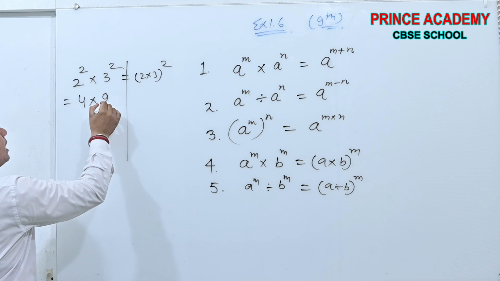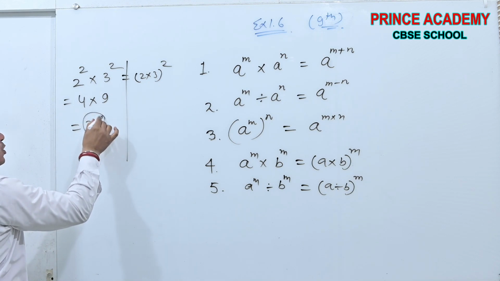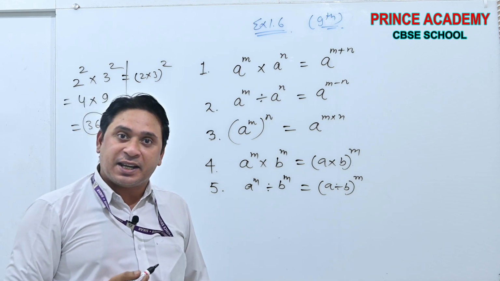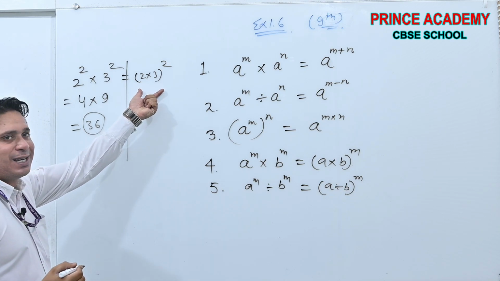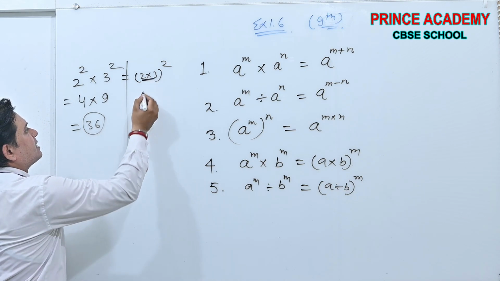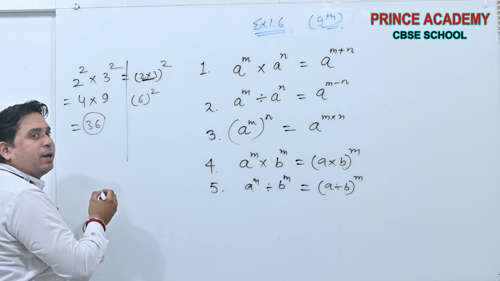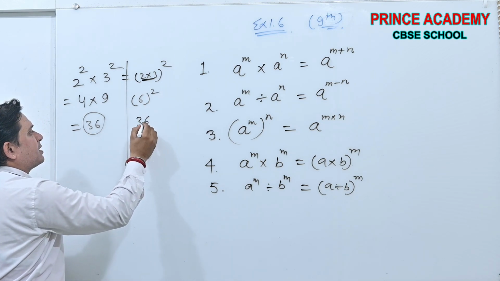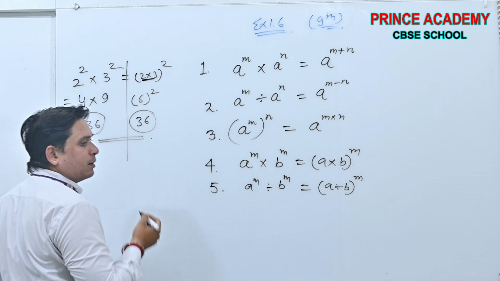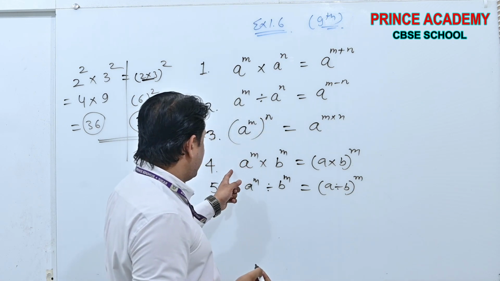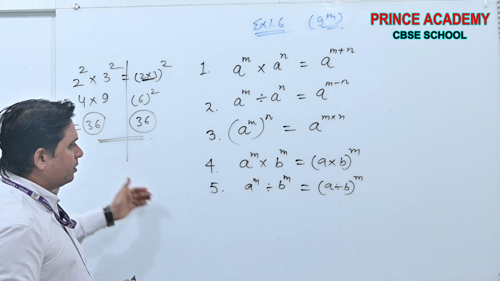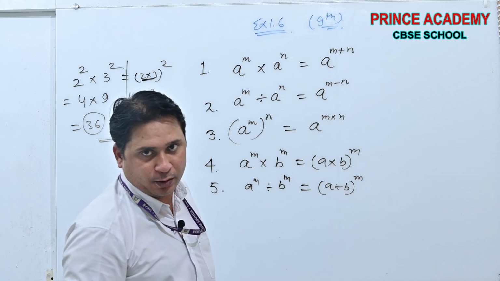What is this? 9. Output is 36. In the same way, if you observe here, what is this? 6 raised to power 2, and 6 square is 36. Done? Yes or no, beta? Okay, that's why this is this, and in the same way you can relate with this also.